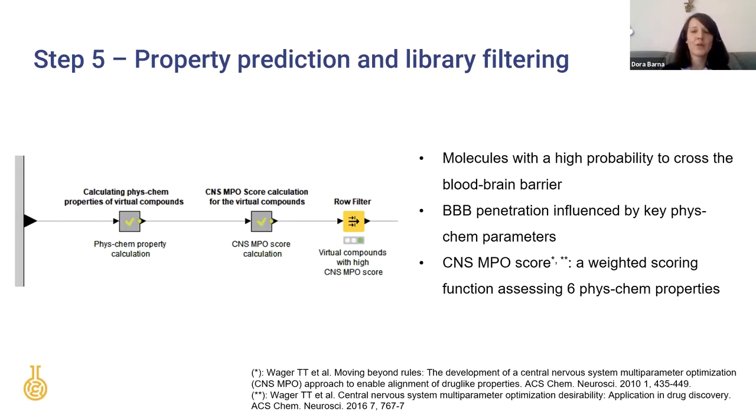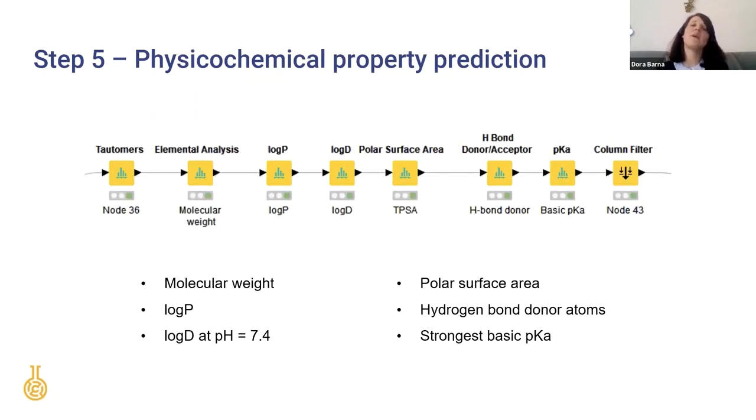And finally, they found that those physicochemical properties that have the largest effect on the blood-brain barrier penetration ability of the molecules are the molecular weight, the logP, the logD, the polar surface area, the hydrogen bond donor atom count, and the strongest basic pKa value of the molecules. So in order to use the CNS MPO score for filtering of our virtual compounds, we are going to calculate these 6 parameters of our molecules.